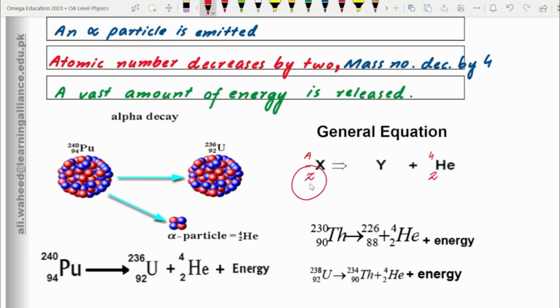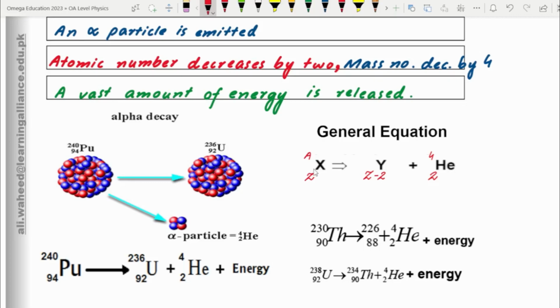What was the atomic number of the parent nuclei? It was Z. Out of that atomic number, there is now a reduction of 2 protons. So how many protons will you be left with? You'll be left with Z minus 2. Whatever the value of Z is, there would be a decrement by 2 units. What about the atomic mass?